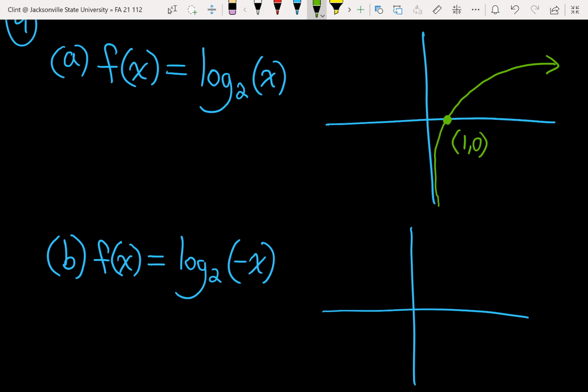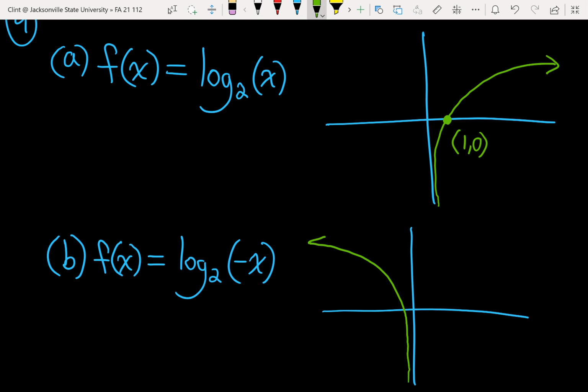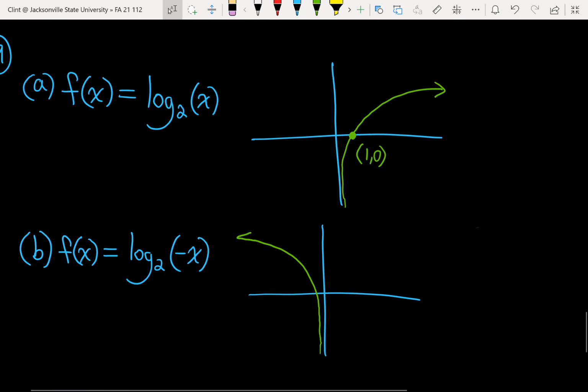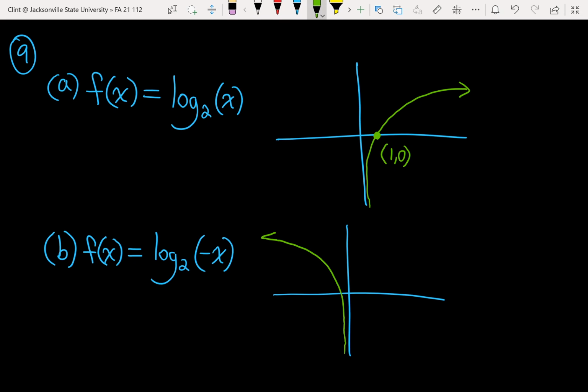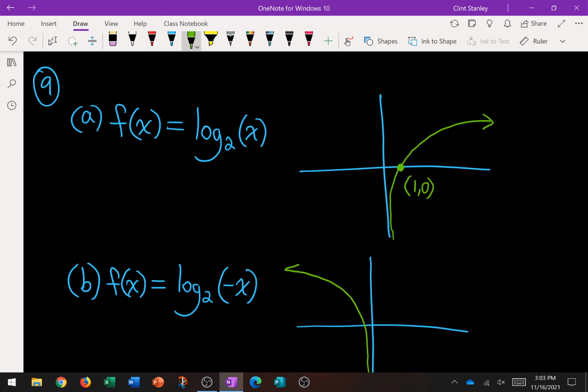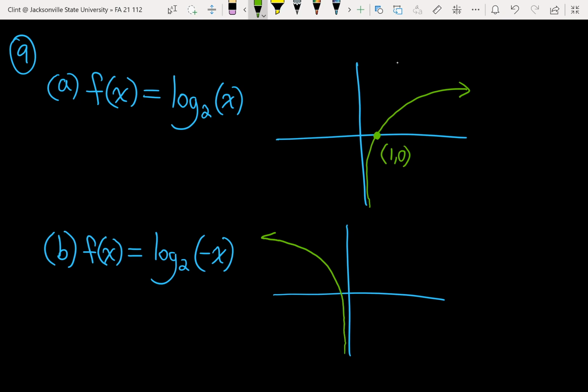And so I graph this time like that. And it would be through the point -1, 0.